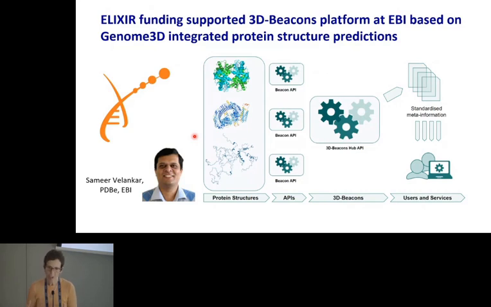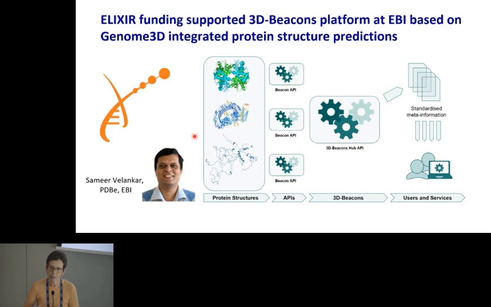So we've worked together with a lot of structure prediction providers I showed you through the Genome 3D initiative. And now with AlphaFold and actually RosettaFold that David Baker's group came out with shortly afterwards, there's a lot of high quality structural information for which we're providing domain annotations. And Samir Valenka at the PDB, first of all, with some Elixir funding that we managed to get, we started working with the Swiss model group, which also have a wonderful resource providing structural predictions.